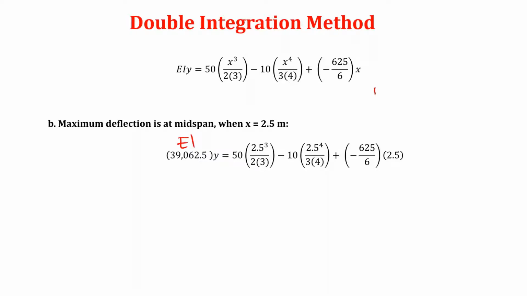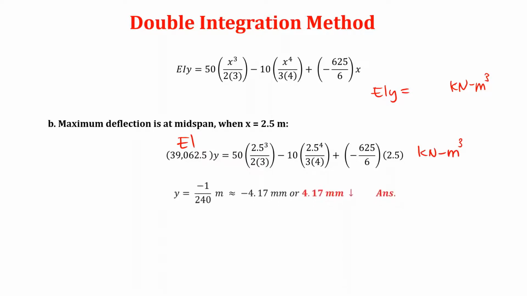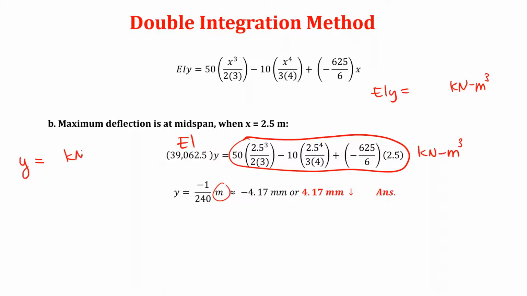By the way, for EI y, the unit is kN cubic meter. So, this is kN cubic meter. Okay? Solve for y. Y is equal to kN per cubic meter, kN cubic meter, divided by EI, which is kN square meter.